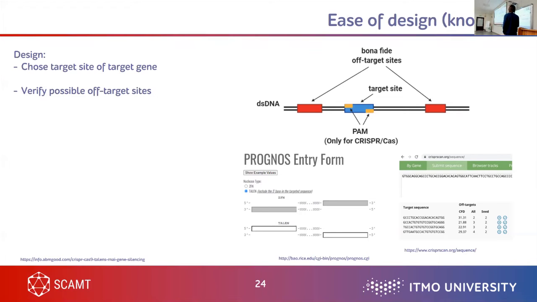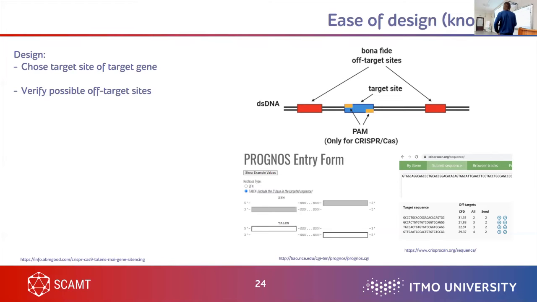But if we want to verify possible off-target sites, we can use software for zinc finger, TALEN or CRISPR-Cas9 designs. There is Prognos software where we can check our zinc finger or TALEN designs for the presence of possible off-target effects. We can just put in the sequences of our zinc finger, and this software will show us the possible off-targets.